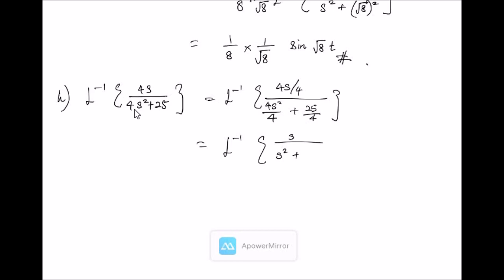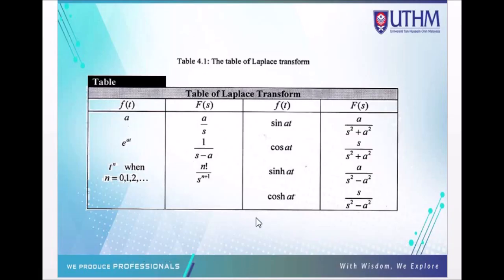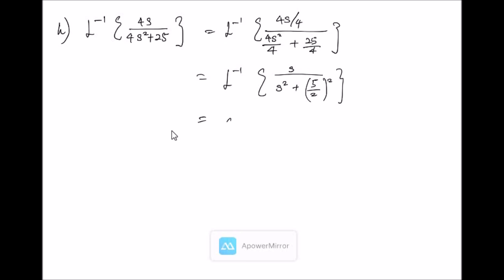The square root of 25 over 4 gives you 5 over 2, squared. So if you check with the table, this refers to cos at, where you have s over s squared plus a squared. Therefore, I put here cos 5 over 2t.